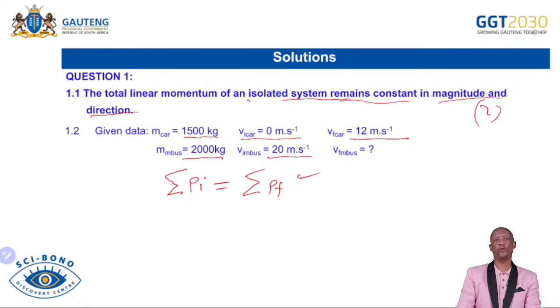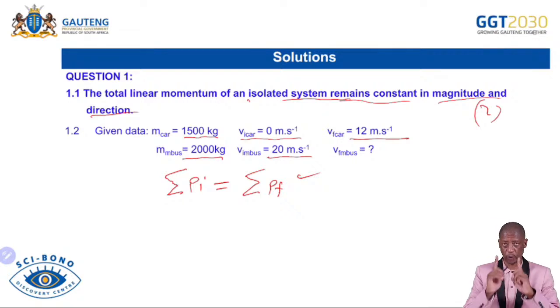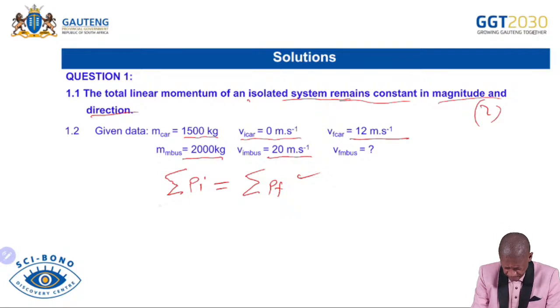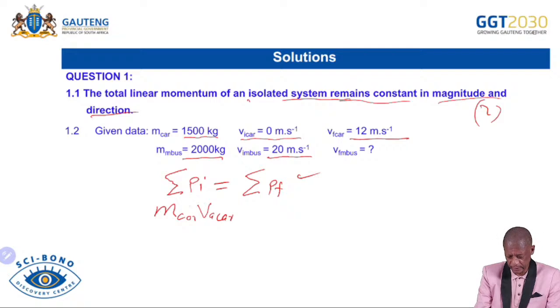Then you come to the mathematical representation. You've got 2 objects, the car and the minibus. So you say the mass of the car multiplied by the velocity of the car. Remember, this gives you momentum. Plus the mass of the minibus multiplied by the velocity of the bus.